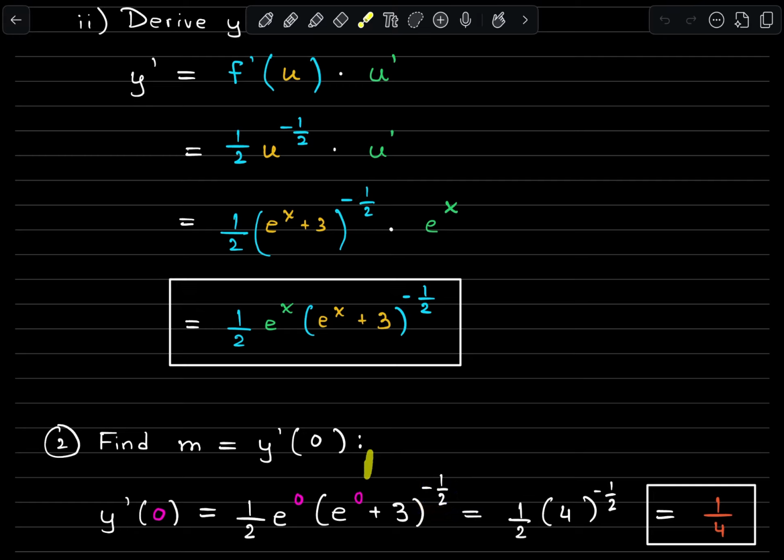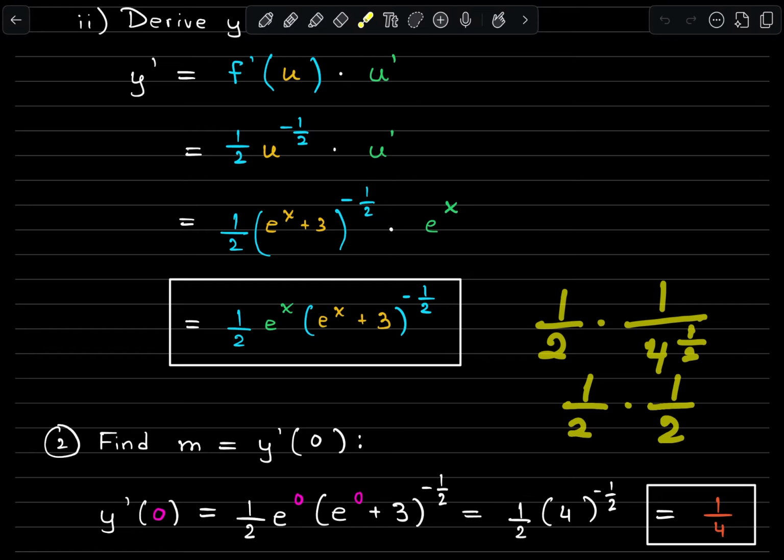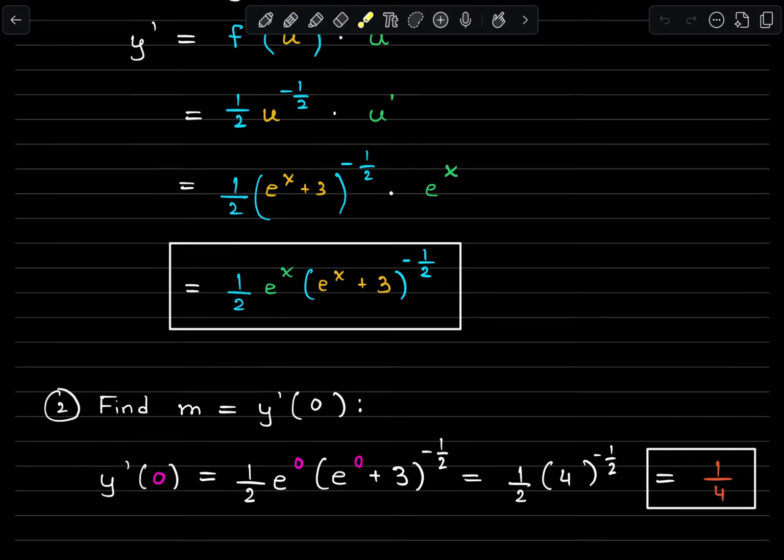E to the 0, any constant to 0 other than 0 is of course going to be 1. So we get 4 on the inside, 1/2 times 4 to the negative 1/2, which is the same thing as 1/2 times 1 over 4 to the 1/2. 4 to the 1/2 is just the square root of 4, right? So it's really 1/2 times 1/2. And we get 1/4 for our slope.